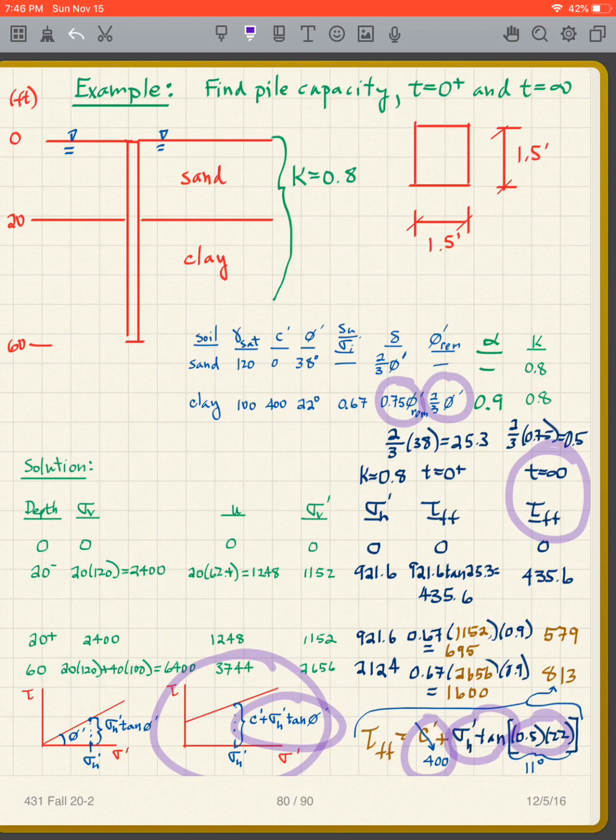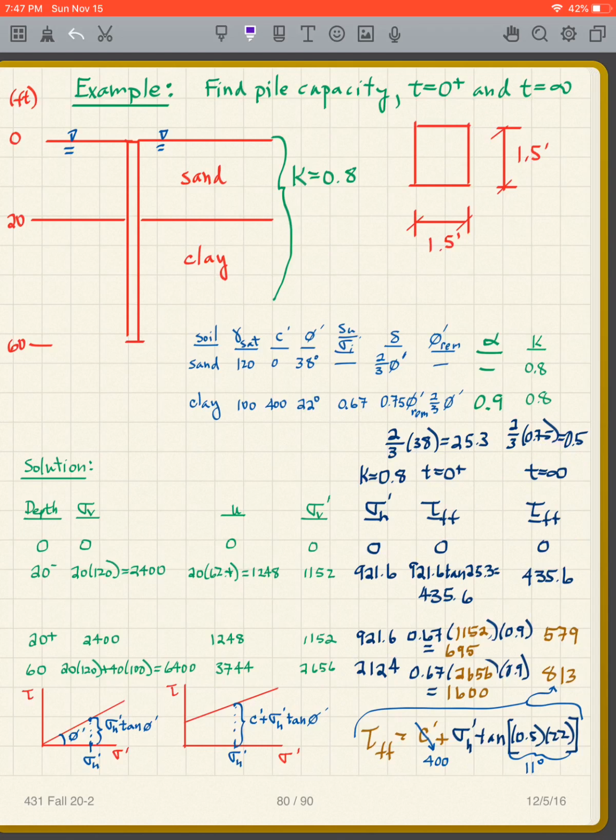So I have to use both of those factors. 2/3 times 0.75 is 0.5. So that 0.5 comes down into here times my phi prime of 22 degrees. So it's essentially phi prime, but it's the factors times phi prime. I apply this equation to both of these, and that's how I got both of those. So now I have my tau ffs at t equals 0 plus and my tau ffs at t equals infinity.